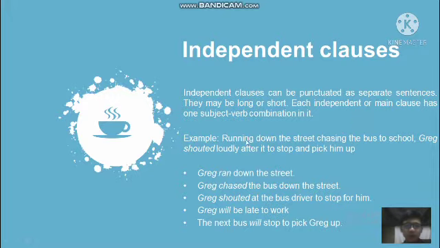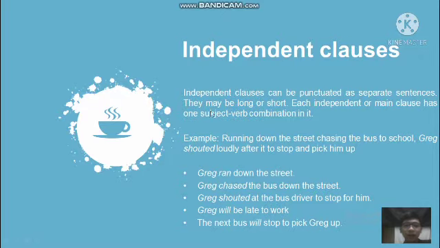So, for example, of an independent clause: Running down the street, chasing the bus to school, Greg shouted loudly after it to stop and pick him up. Okay? There is only one subject-main verb combination in the sentence.